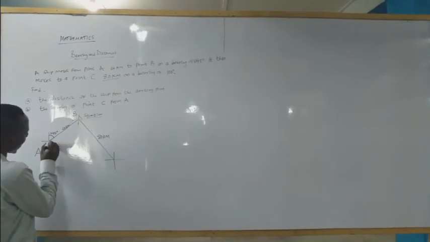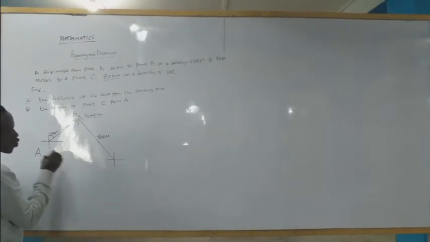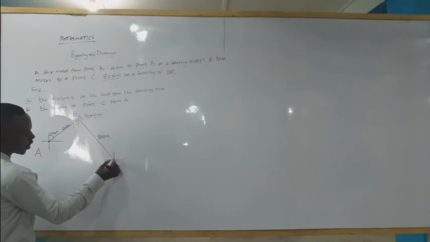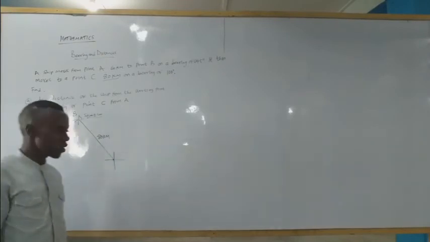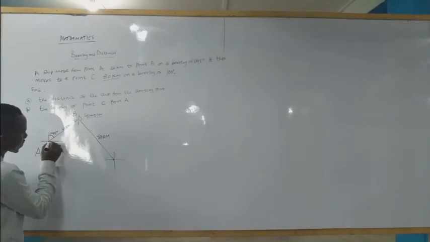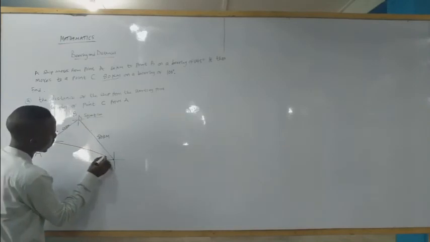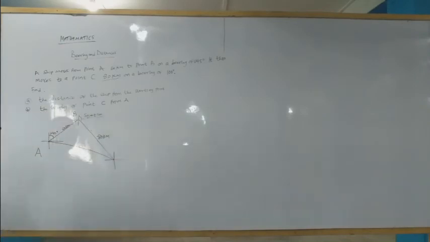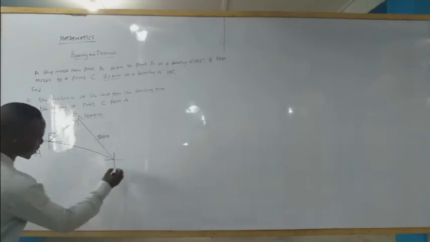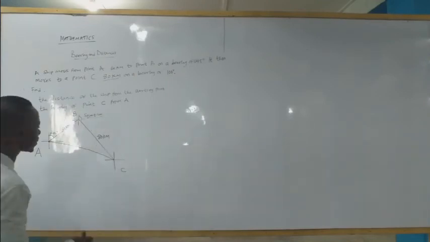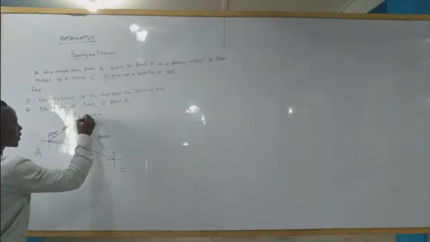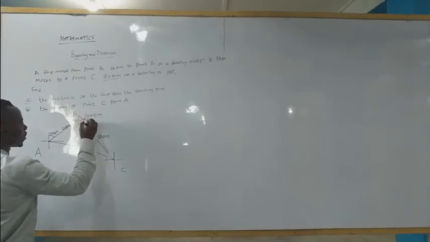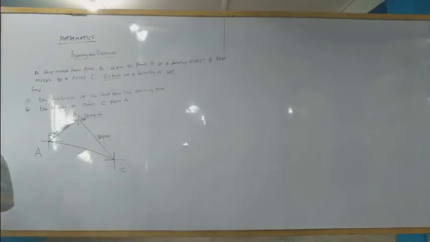So now I can join the 2 points to form a complete triangle. This is now point C, and this is 100 degrees. So what's the question?